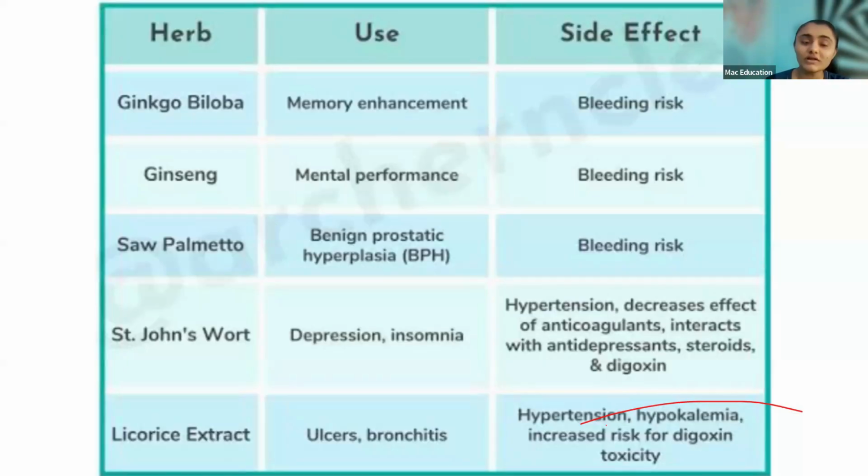So there is one simple trick: the herbal medicine which starts with the letter G, the side effect of that specific herbal medicine is bleeding risk. So you have to always keep this in mind.